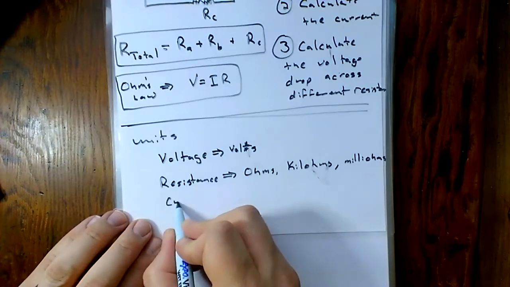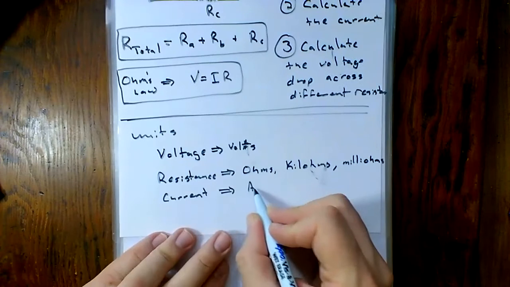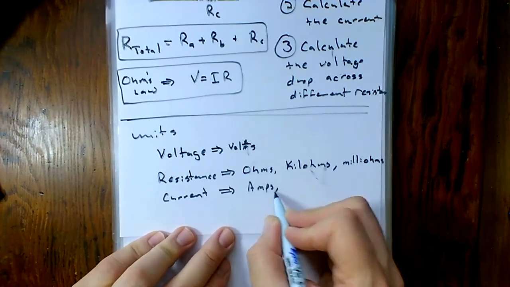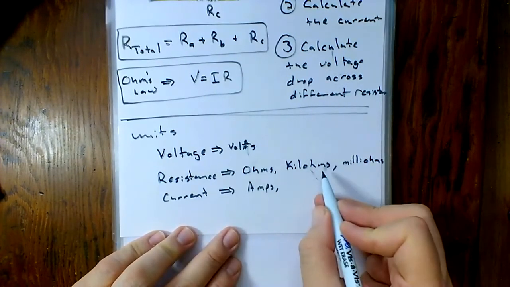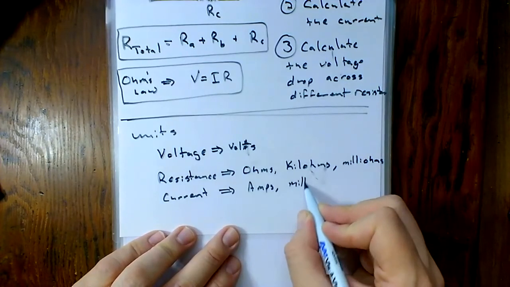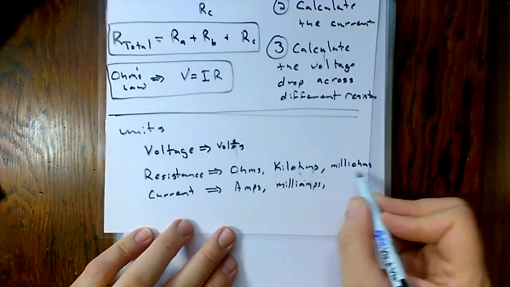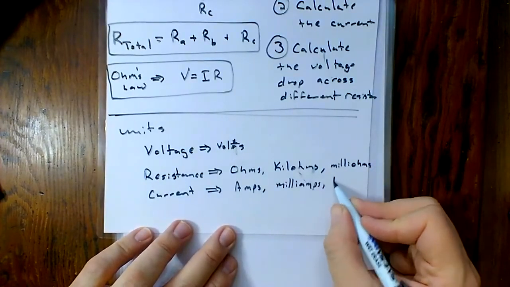And for the current, what you're usually going to see is amps. If you happen to have something in kiloohms, you're going to end up with milliamps. Or if you are dealing with milliohms, you'll end up with kiloamps.